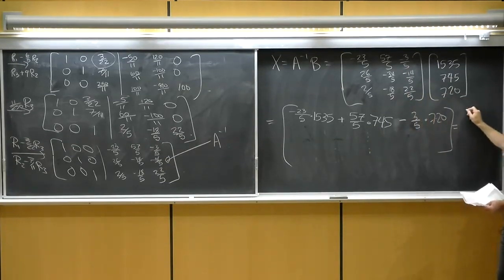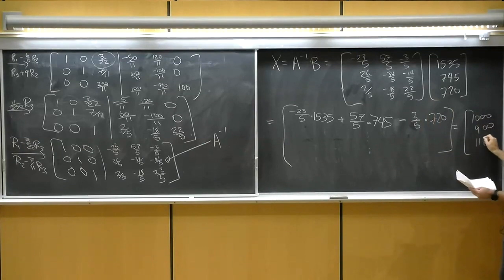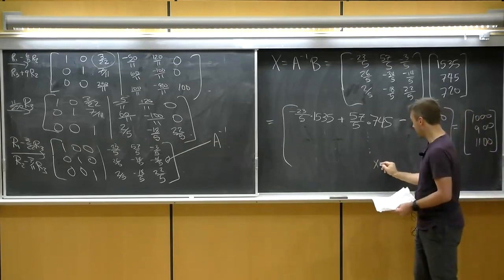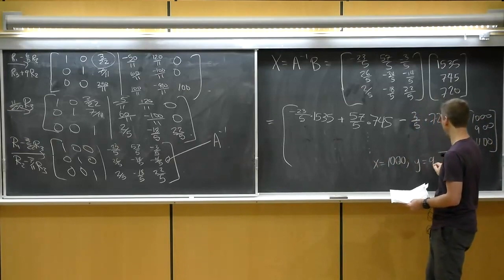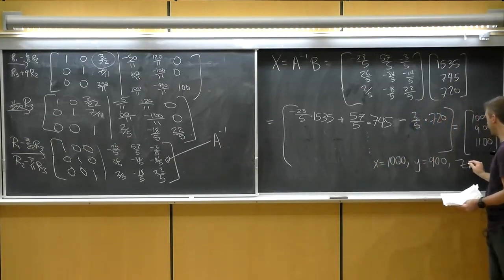At the end of the day, what you get is 1,000, 900 and 1,100. Okay. So my final answer is x equals 1,000, y equals 900, and z equals 1,100.